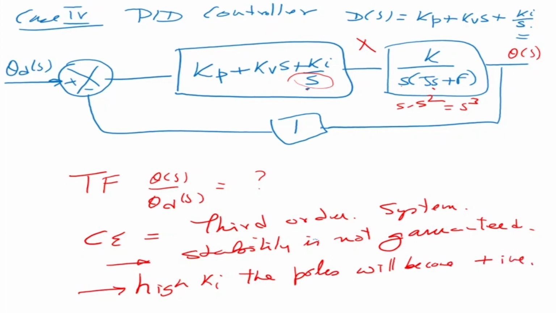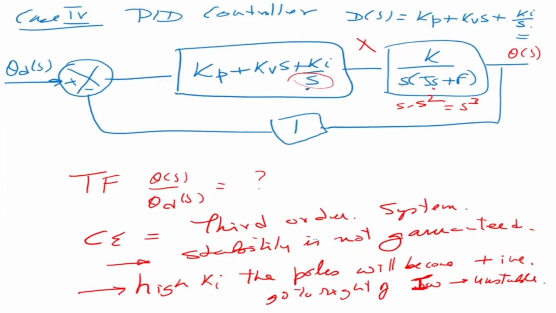Poles becoming positive means it will go to the right side of the j omega axis, and that means it will become unstable. So although it appears that the PID controller is better because you can reduce the steady state error, it has the other effect that if you're not very careful with the gains, it will become an unstable system.